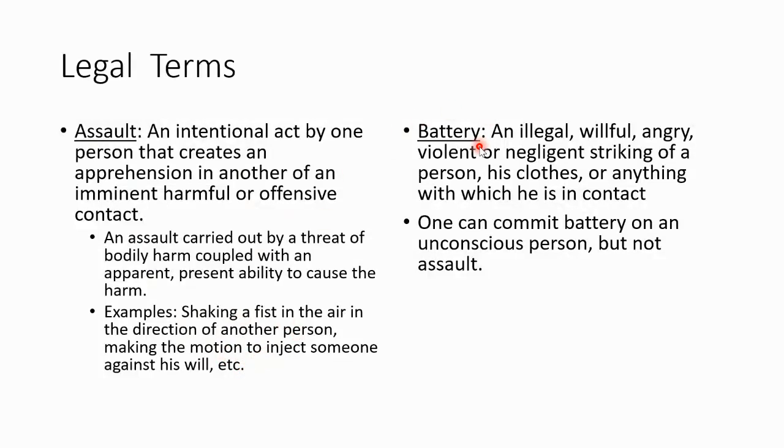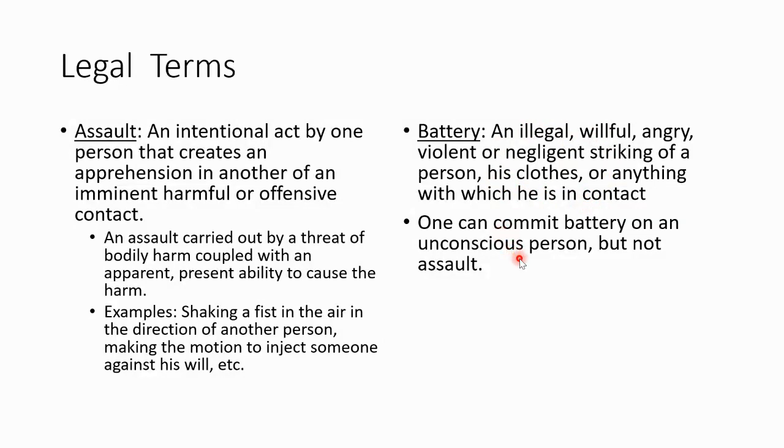Whereas battery is an illegal, willful, angry, violent, or negligent striking, okay? Actual striking of a person, or striking of his clothes, so just kind of like pulling on clothes, or anything which he is in contact with, his hair, pushing, hitting, kicking, anything like that.